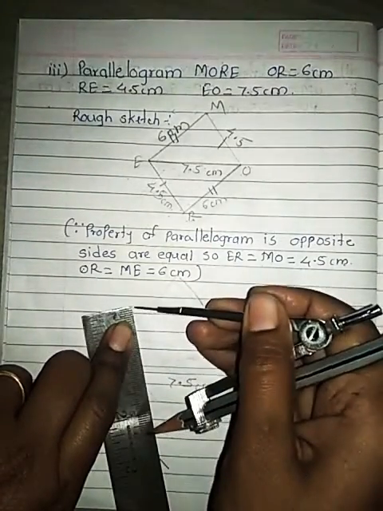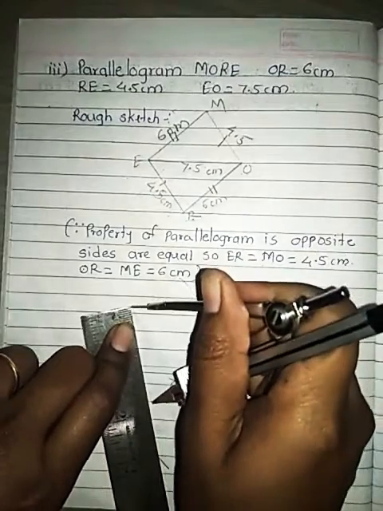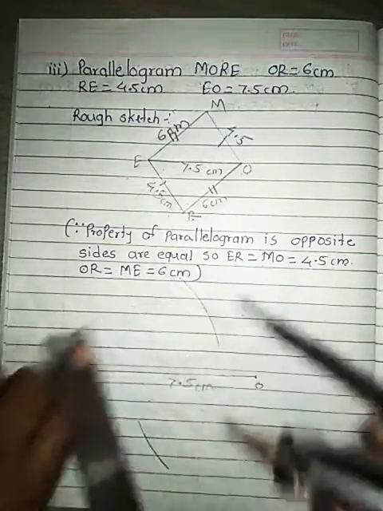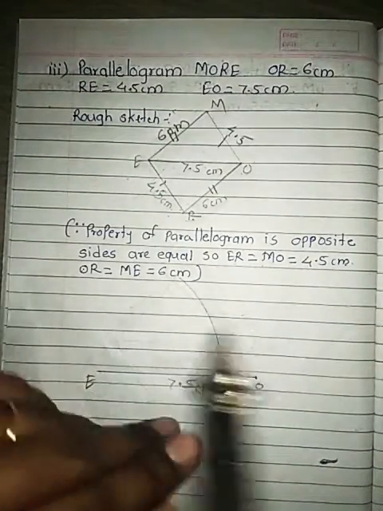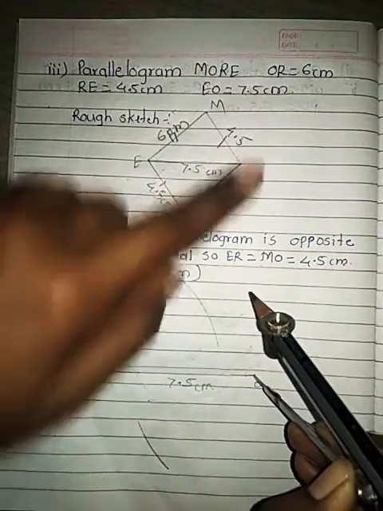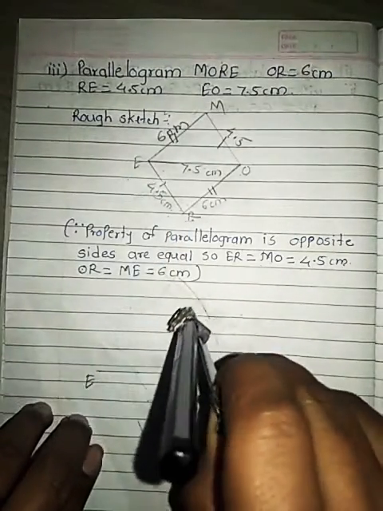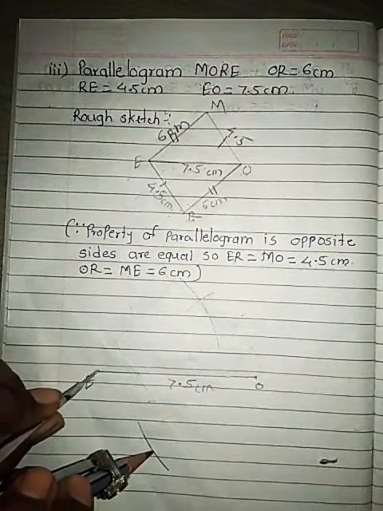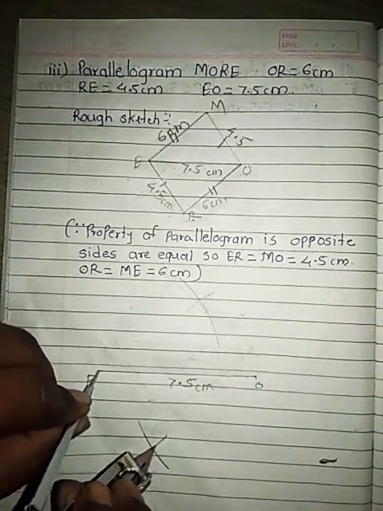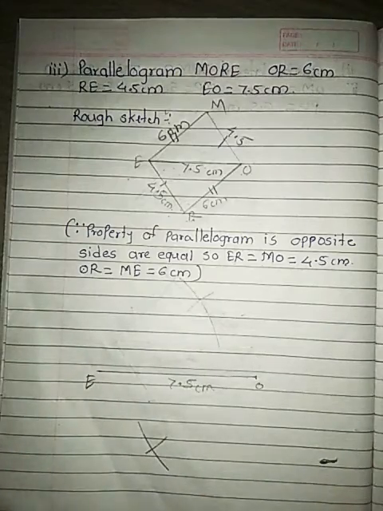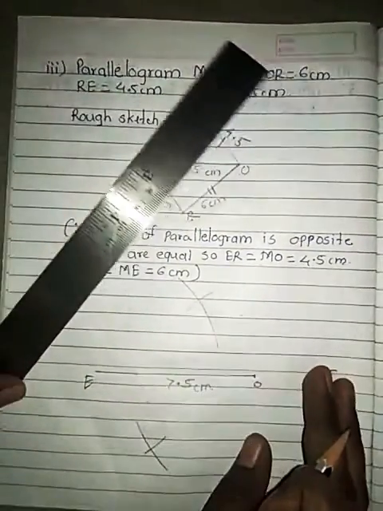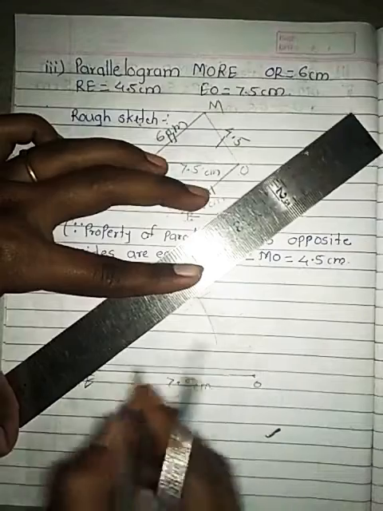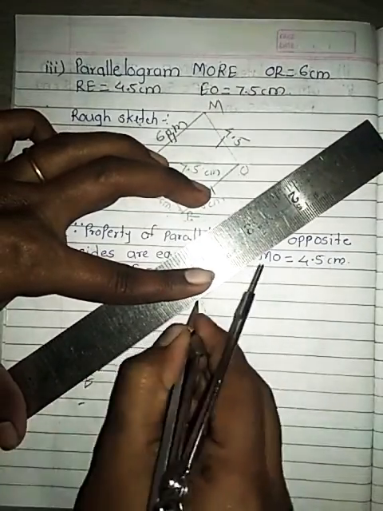Then 4.5. This is 4.5, so 4.5 with center O, make an intersecting arc, and now with center E an intersecting arc, and join these points.